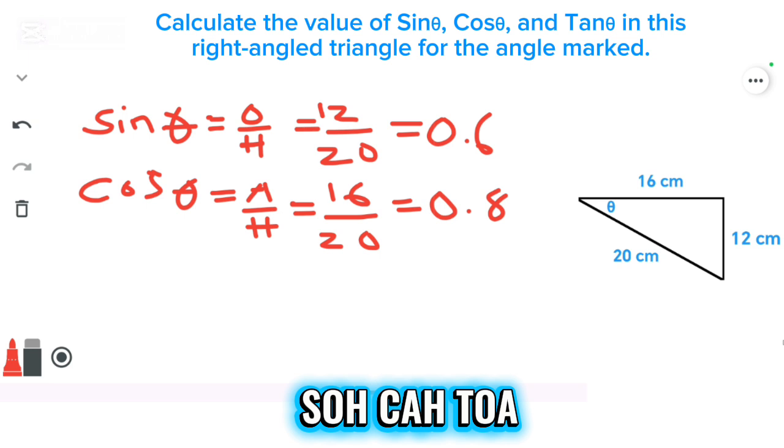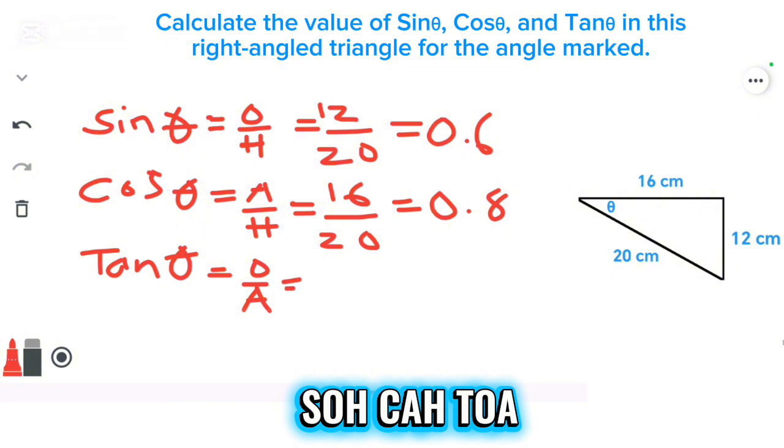So we have tan theta is equal to the opposite over the adjacent.